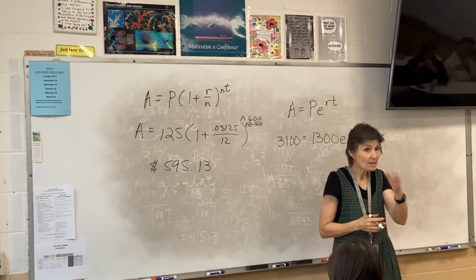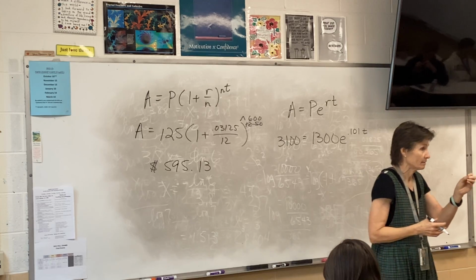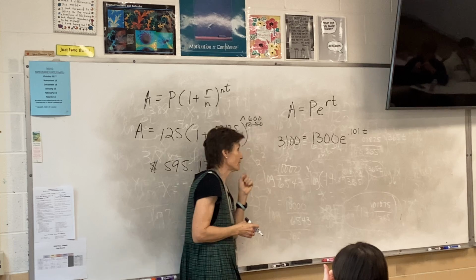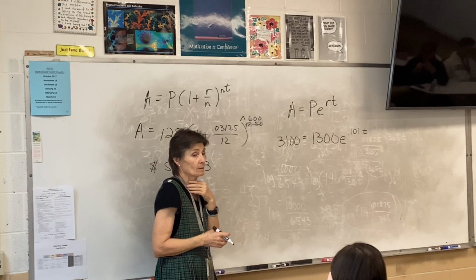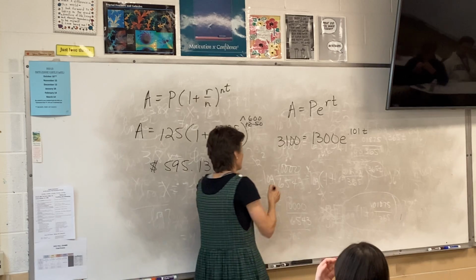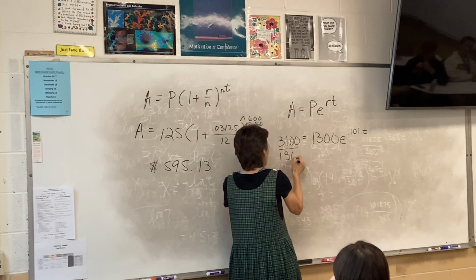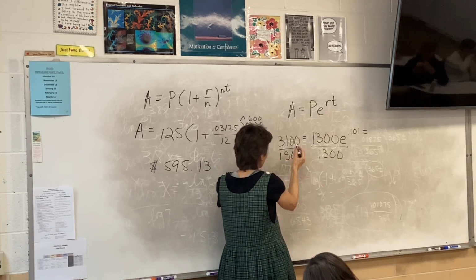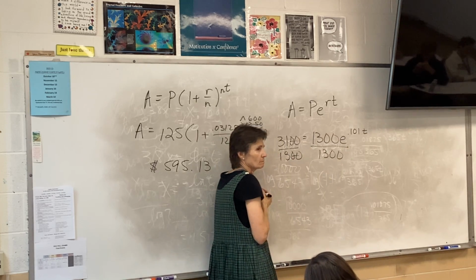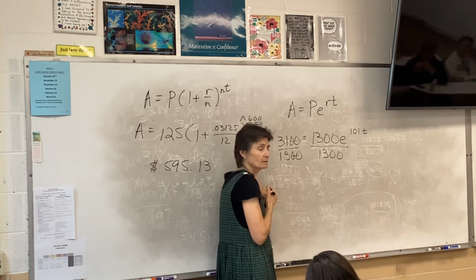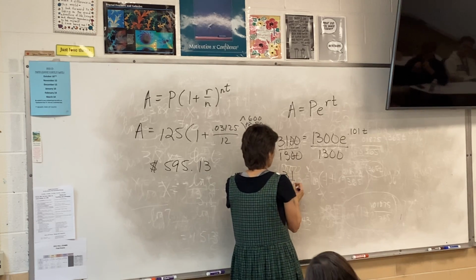I only change them if they're a percent. This one is already a decimal, so I'm gonna leave it alone. All right, step one. Divide by 1,300. Now, if you want, and I'm not trying to confuse you, but can't we cancel out those zeros? You don't have to, but you can. So we have 31/13.